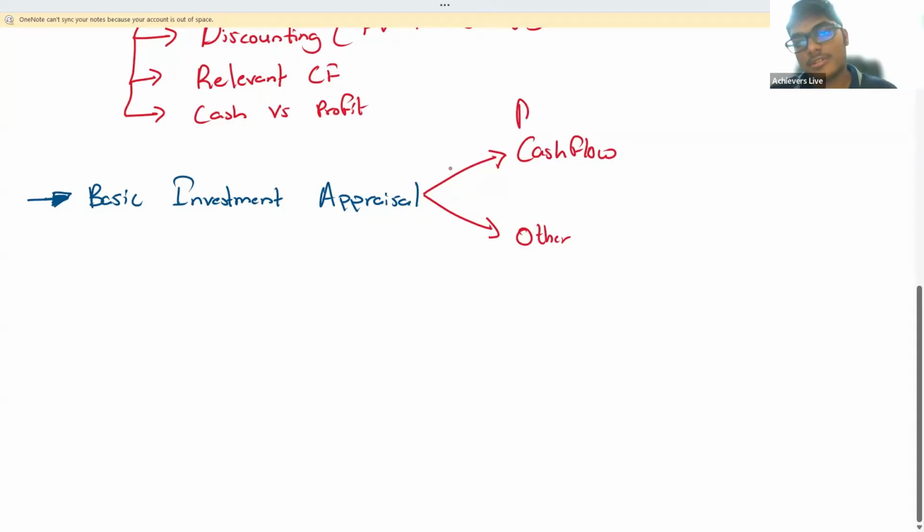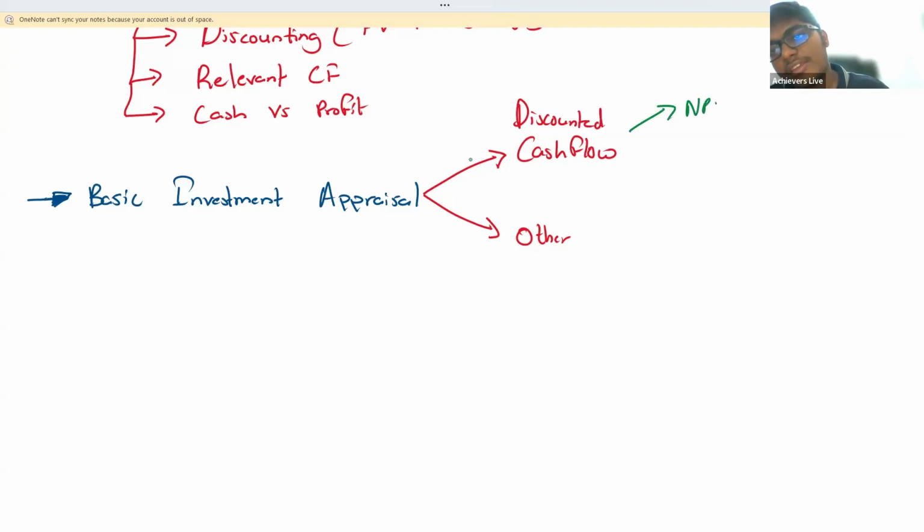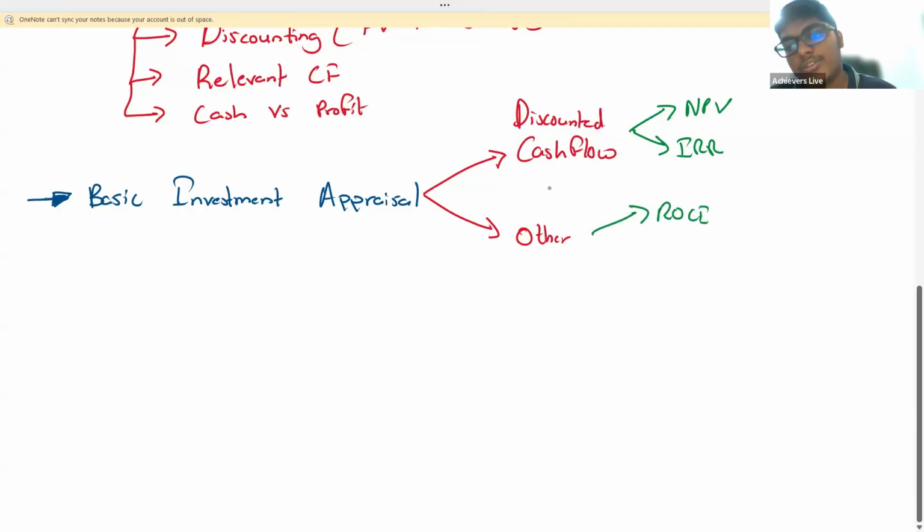Under discounted cash flow methods, you have NPV and IRR. Under other methods, you have ROCE and payback period.